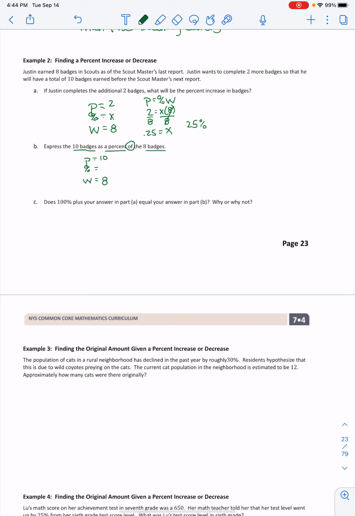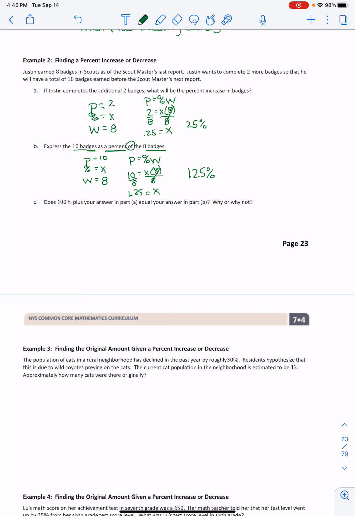The 10 is the part, and we are looking for the X. So we have P equals percent times whole. So we have 10 equals X times 8. So divide both sides by 8. We have X equals 1.25, which means that's 125%.